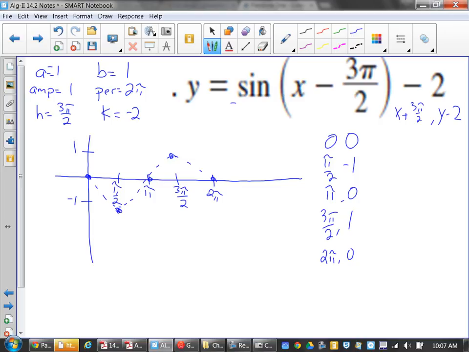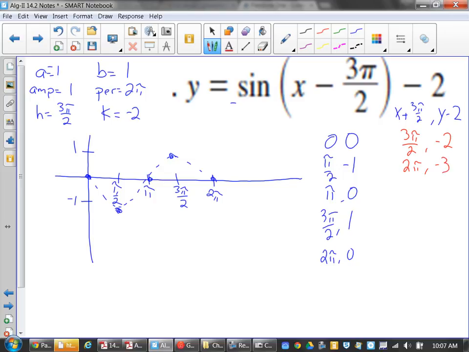So my first ordered pair will be at, change my color, 3 pi over 2, -2. Where's your next one? 2 pi and -3.